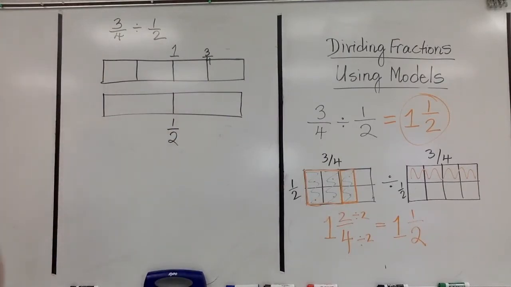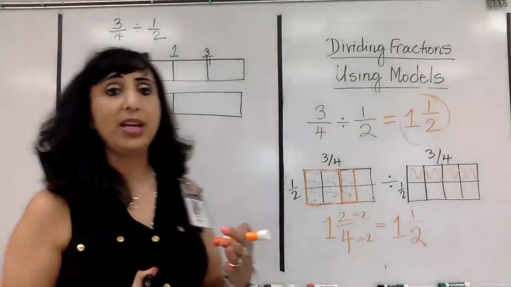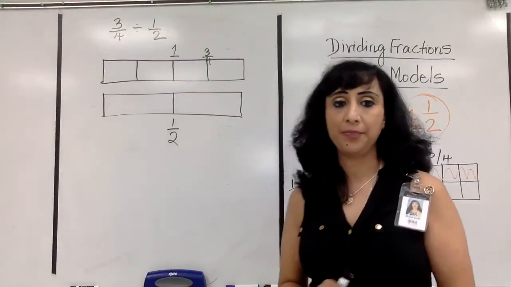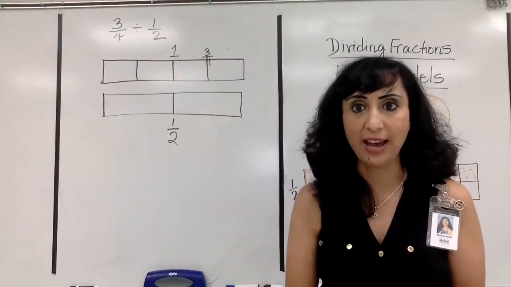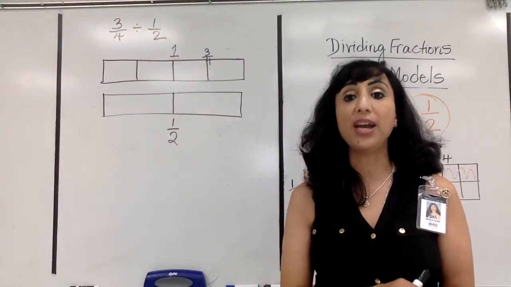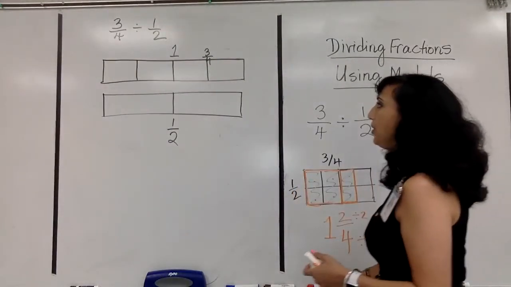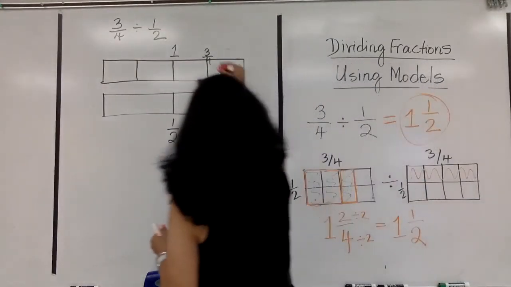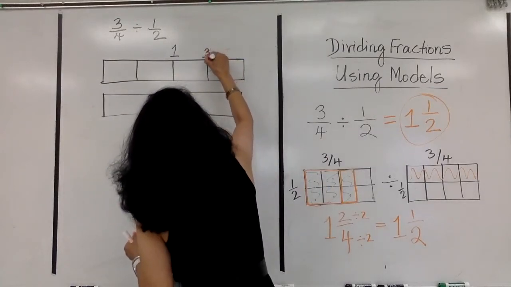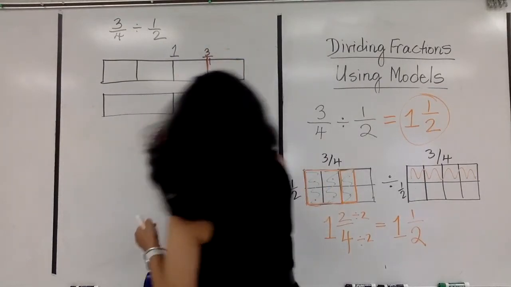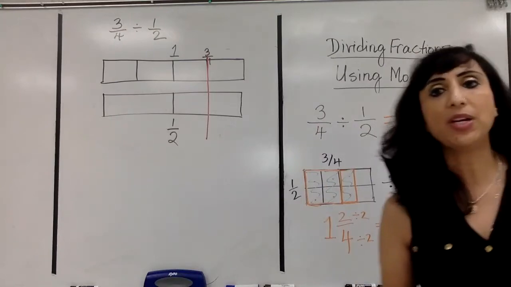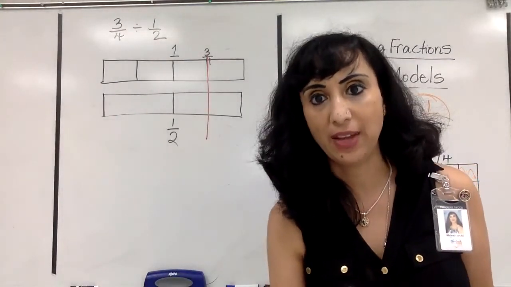And then it's asking how many halves or how many groups of half are going to fit in 3/4. Okay, so here is 3/4. So if I do this, how many groups of half can I fit in there?